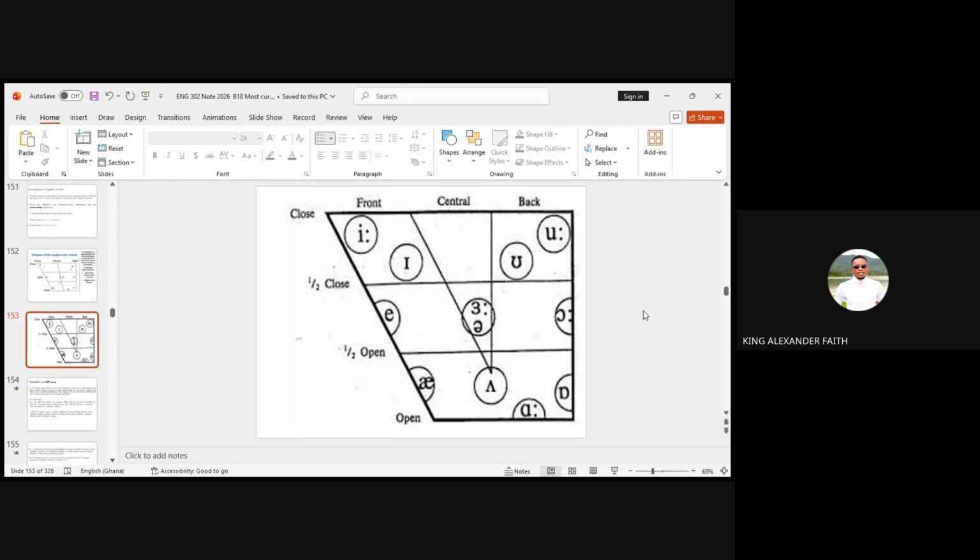I think maybe it's because we are using gadgets, because when you produce the first and second sounds, we hear it as one, short E and long E. But I think that is why our sister is asking.